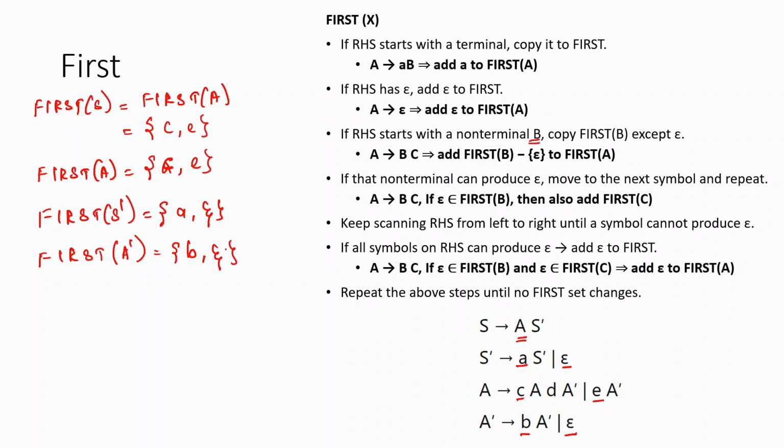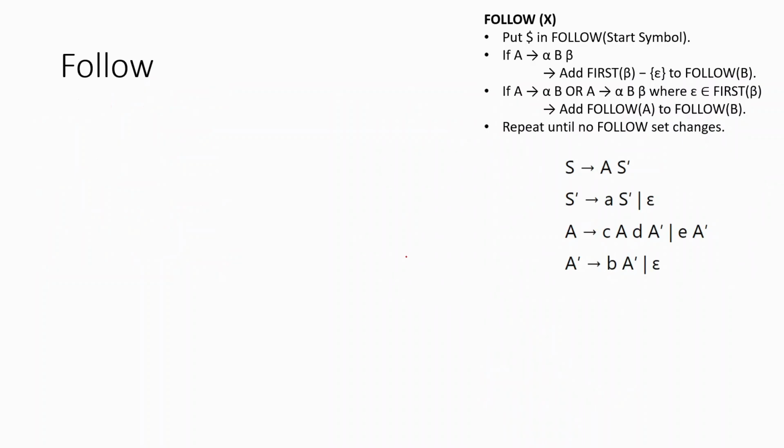Like that we have to calculate the first of all non-terminals according to the algorithm given on the right side. Now we are going to calculate the follow. First we have to start with the follow of the start symbol. For the start symbol, put the dollar symbol directly. So first I put the dollar symbol.